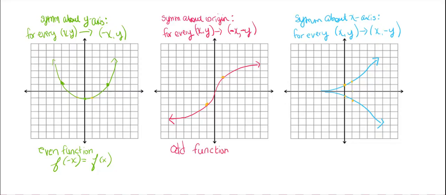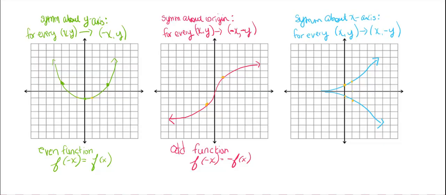In other words, for every x, y in my function, I'm going to have a negative x, negative y. Or, to give the definition, a function f is odd if for each x in the domain of f, f of negative x is equivalent to the opposite of f of x, or the negative of f of x. That means if it was negative, it will be positive. If it was positive, it's going to be negative.